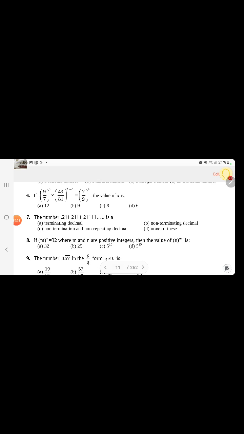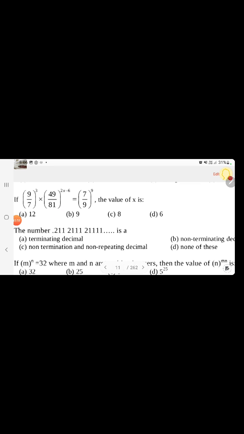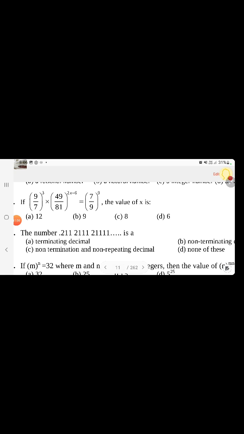Next, the sixth question. If (9/7)^3 times (49/81)^(2x minus 6) equals (7/9)^9, the value of x is? So here we need to find the value of x.